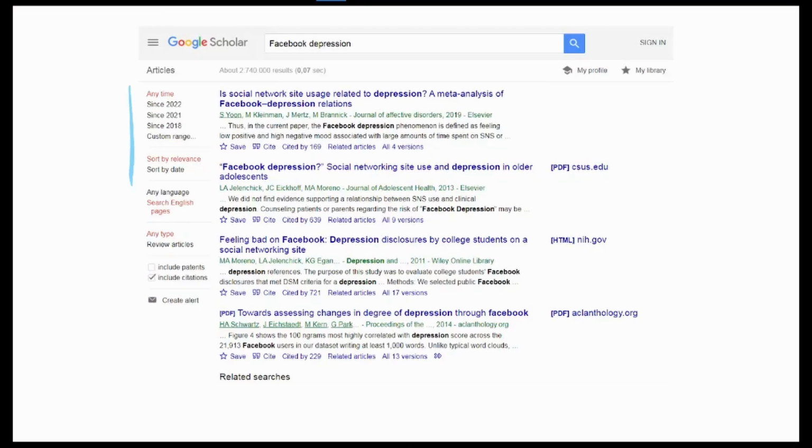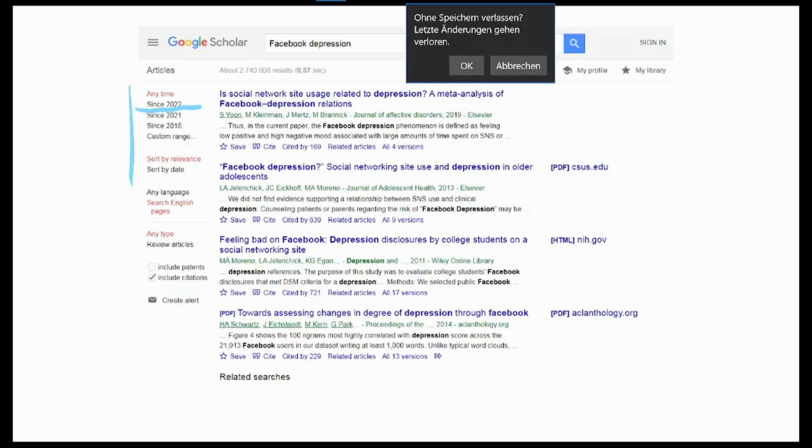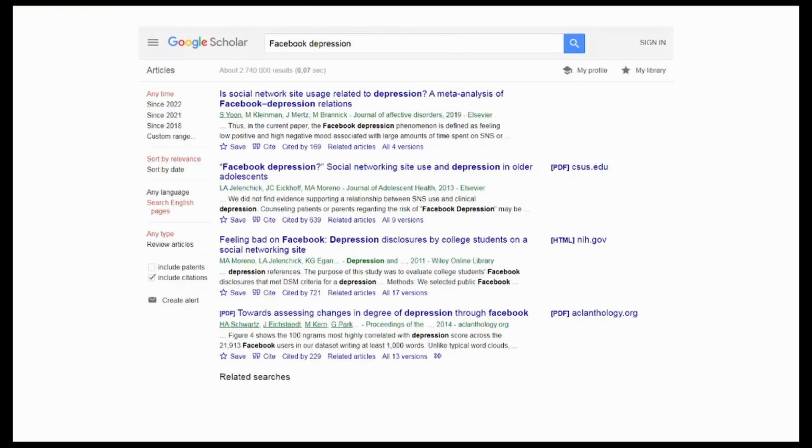You can set the time, for example, papers appearing since 2021 or 22. Just use that filter. I don't need to explain to you how to use a search engine, so you're probably going to find it out for yourself. But you are going to have listed scientific papers only, that you can select from.